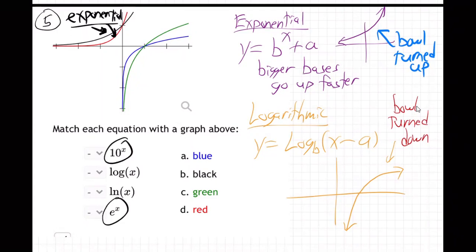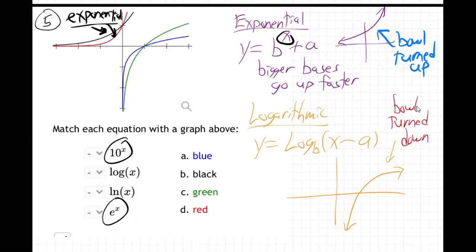So it's 10 to the x and e to the x. Those are the exponential equations. The other ones are logs, right? Exponential means x is the exponent. It's in the power. See how x is in the power and x is in the power? Those are exponential functions. Okay, so which one's more powerful?